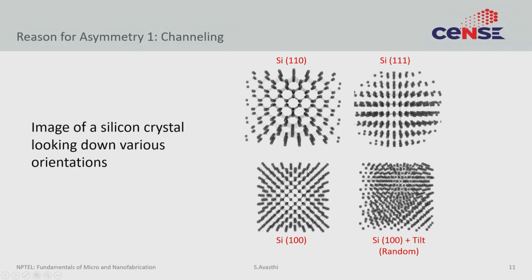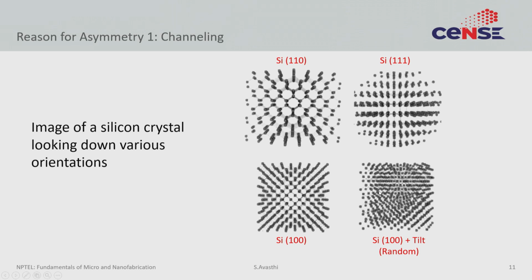The silicon 100 seems to have a slightly different aspect ratio hole than the silicon 110 or the silicon 111, right. This has an impact on ion implantation, because remember, this is what an implanted ion will actually see on the silicon surface. When an ion comes, the number of atoms that it actually encounters in the silicon lattice will depend upon what orientation of silicon is visible to it.